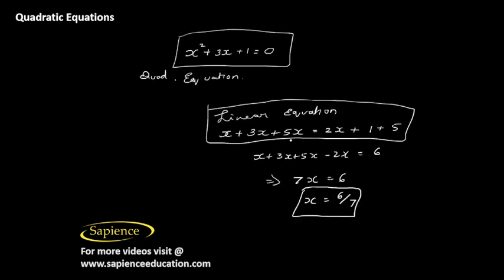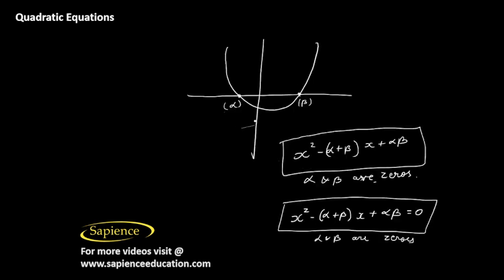For a linear equation there will be only one solution, but for quadratic equation there will be two solutions. And the reason is the quadratic equation will make a parabola in the graph. In the coordinate axis it will make a parabola, and a parabola can sometimes meet the x-axis in two places, so it will have two solutions.